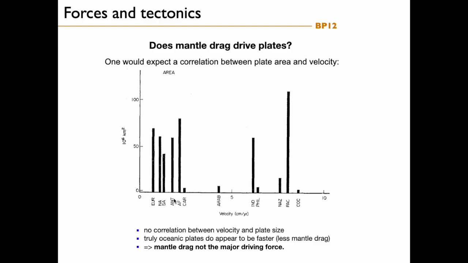And you see here about 13 independent plates. For example, the Eurasian plate is here, the Pacific plate is there, the Indian plate, the Arabian plate. These are the areas, and there is no apparent correlation between area and velocity. So this may indicate that mantle drag may not be the major driving force.